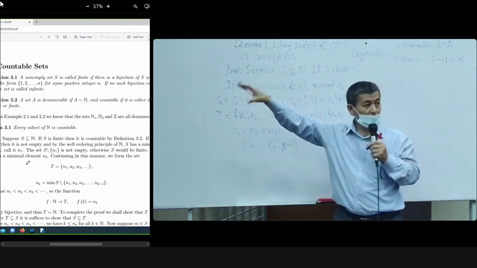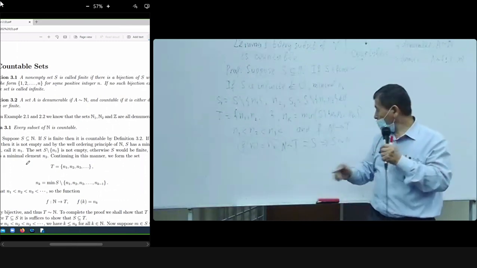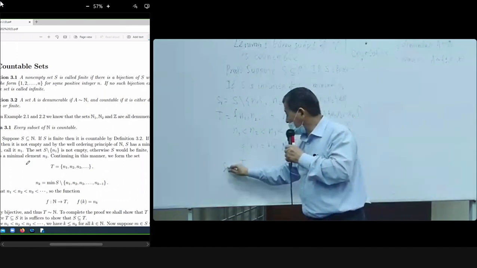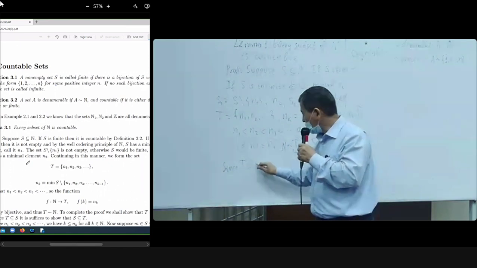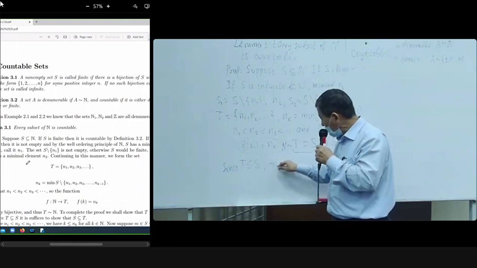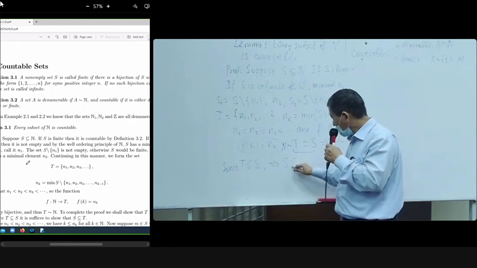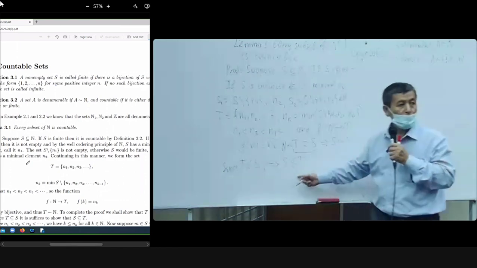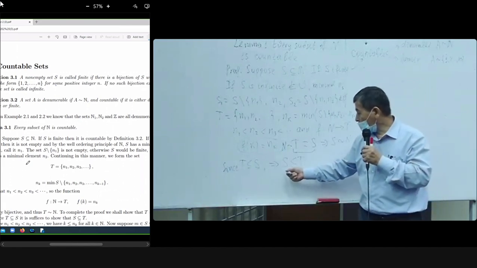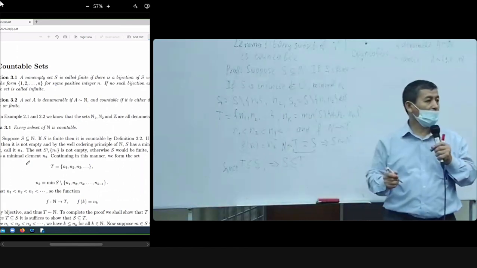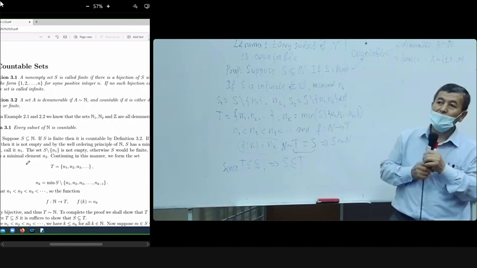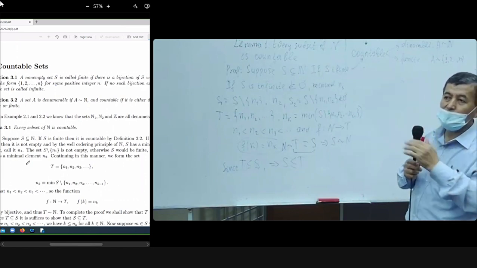So it is a subset of S. Now, to be equal, since T is a subset of S, we have to show S is a subset of T. It means every element of S is an element of T. We need to show that. So the last part is stated over there. See, since n1 and like this.